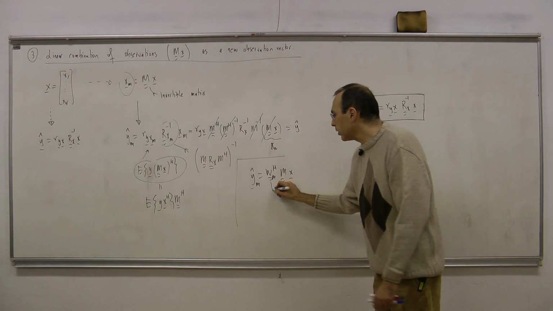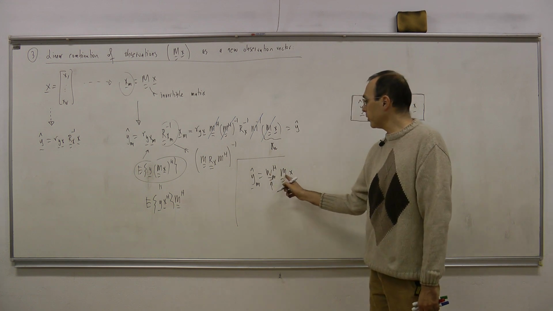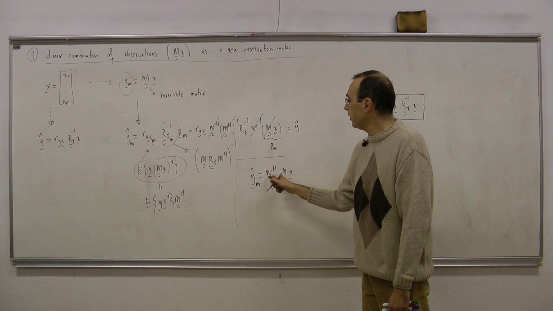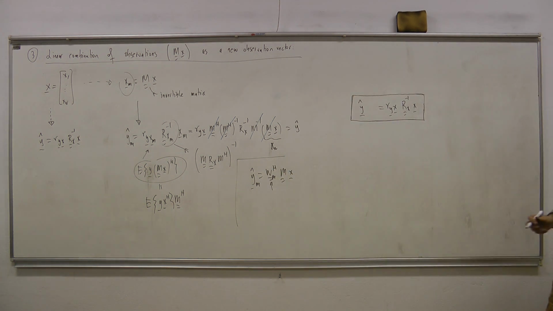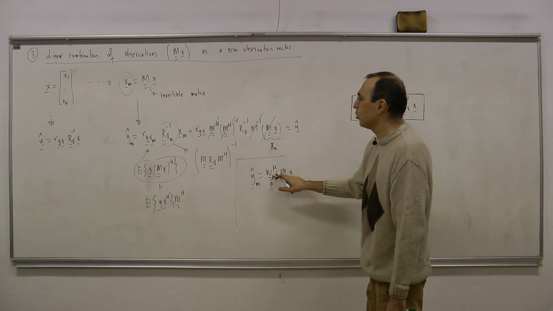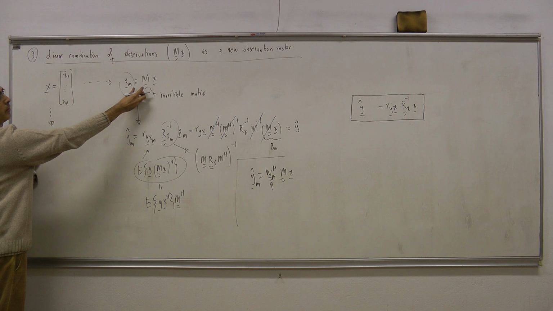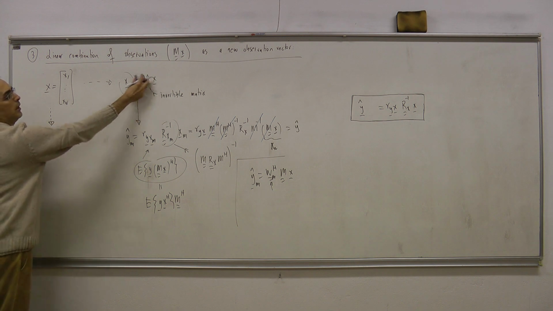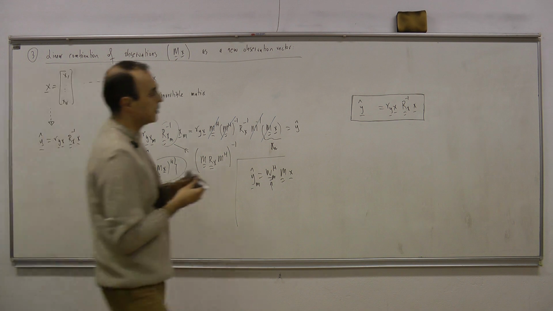Since I'm free to select this matrix, I can always include the effect of this M in the W matrix and generate another weight. So what I'm trying to say is, you cannot get a better estimator if you process your inputs linearly by this M matrix. That is one of the things.